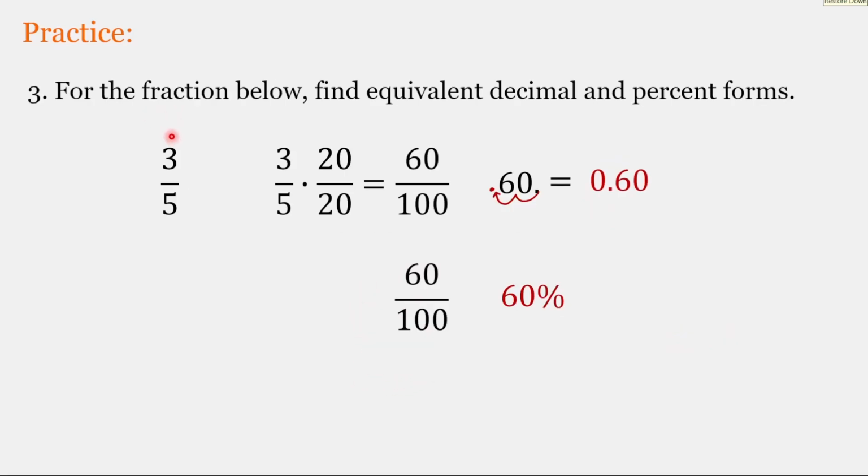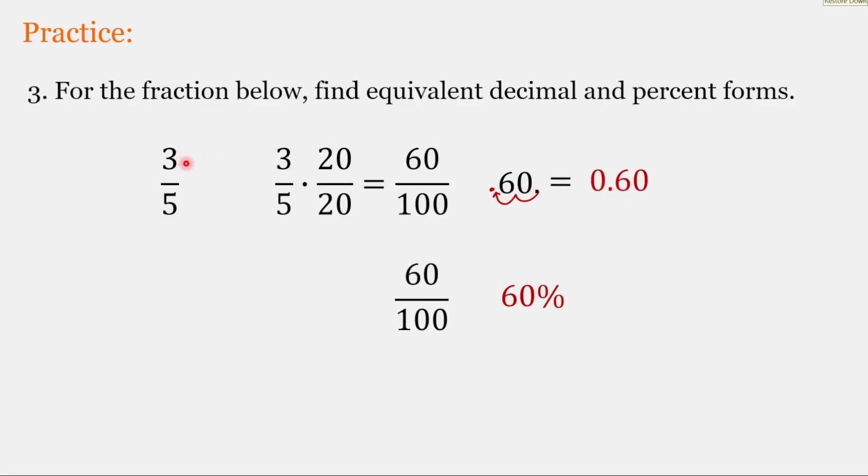And for this third problem, we are given a fraction and asked to find the equivalent decimal and percent form. So we're given 3/5, and I went ahead and took my 3/5 and changed the denominator from a 5 to 100, giving us the fraction 60 over 100. And then to convert this into decimal form, we're going to move that decimal place 2 spaces, giving us 6/10.